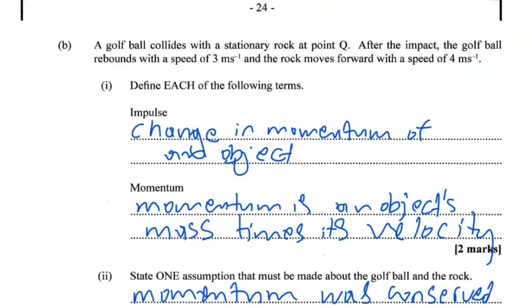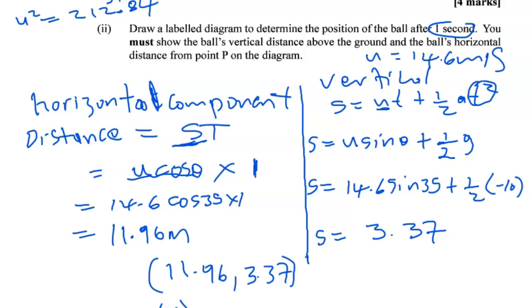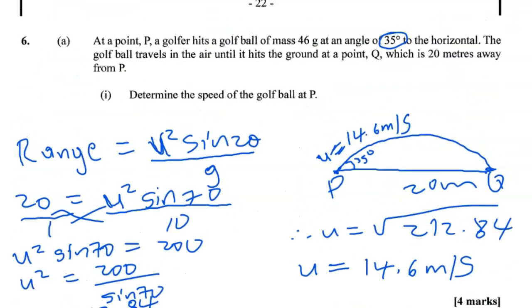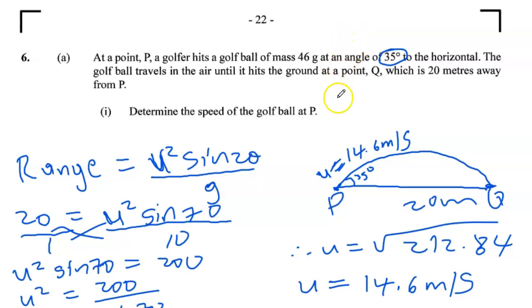So let's look at the situation again. A golf ball collides with the rock at a point Q, in context with the question we looked at a while ago, where the golf ball hit the rock at Q. So let's look at the situation now.